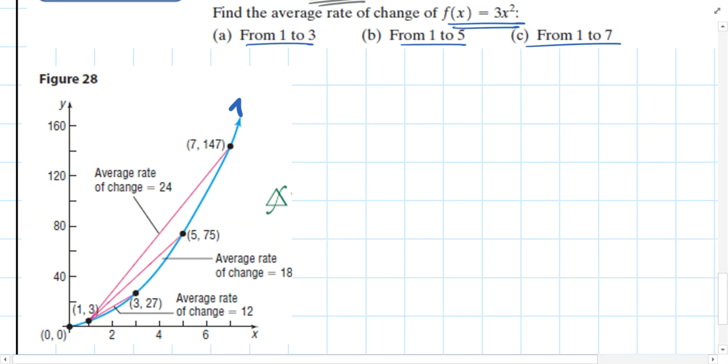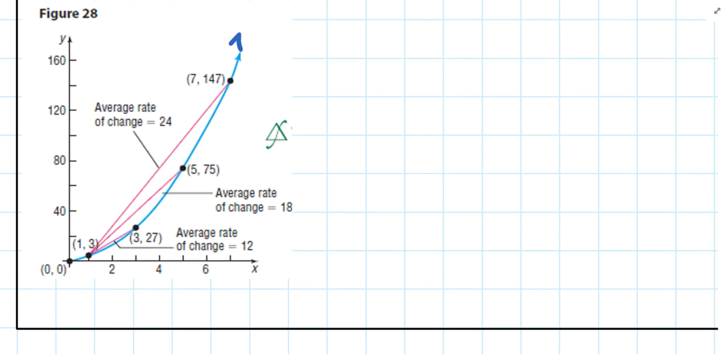And they're essentially indicated here with the red secant lines. If we are going to evaluate the average rate of change from 1 to 3, what we're talking about is on the x-axis from 1 to the x value of 3. And so we're talking about the two coordinates here and here.